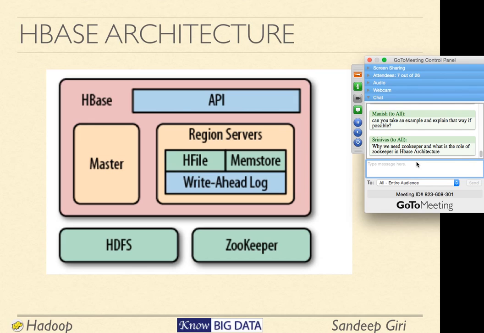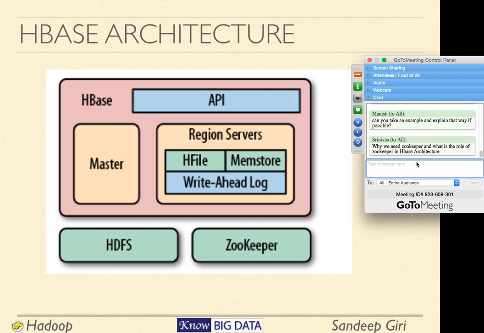Okay, so see, HFile, memstore, and write ahead log, right now you don't have to get into those complications. Those are internal structures. But we will understand the way it is going to store. So you have a table in which you have, say, 1000 records right now. You created a table in HBase.